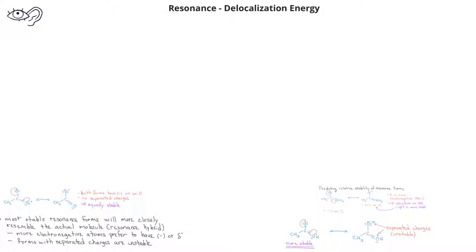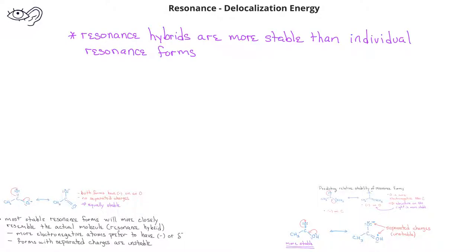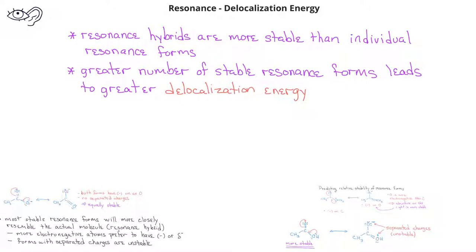When we look at resonance hybrids, we see that the resonance hybrid, the combination of all the different resonance forms, will be more stable than any individual resonance form. In addition, the greater number of stable resonance structures that a molecule has indicates that we'll have greater stability in the form of what's known as delocalization energy.